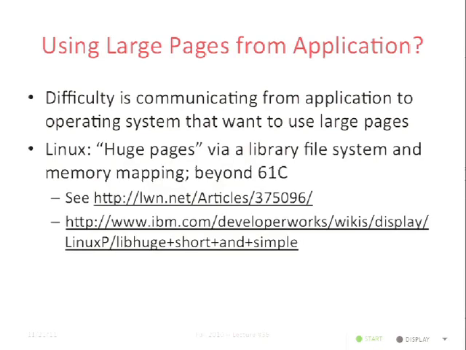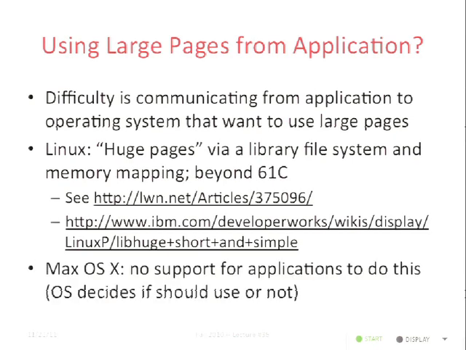Systems like Linux actually have libraries that you can call that tell the system, hey, for this region of memory, use these large pages. Mac OS is interesting. It decides on its own whether it's going to use these super pages or regular pages. But the whole idea is to have more hits in the TLB.